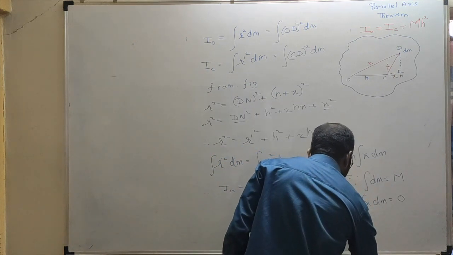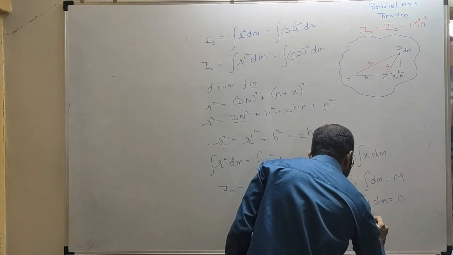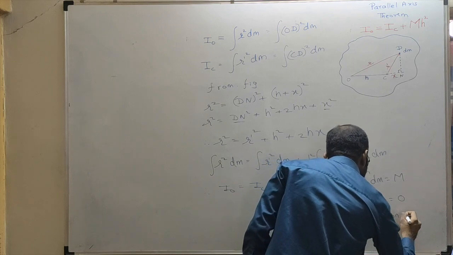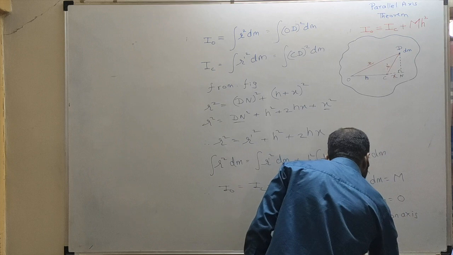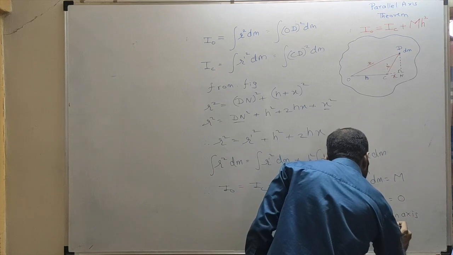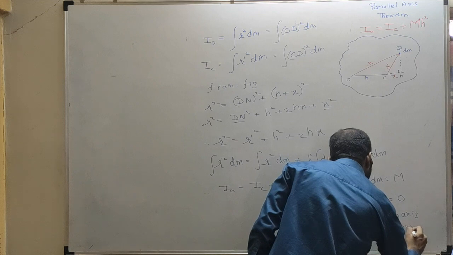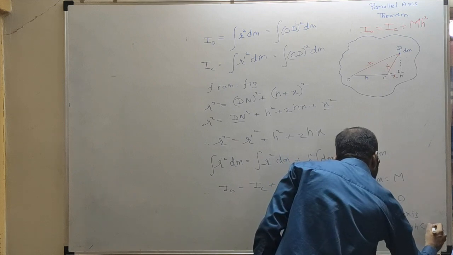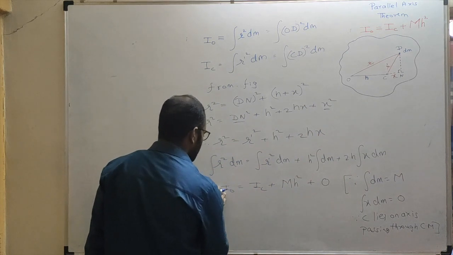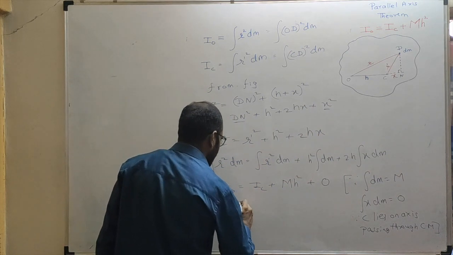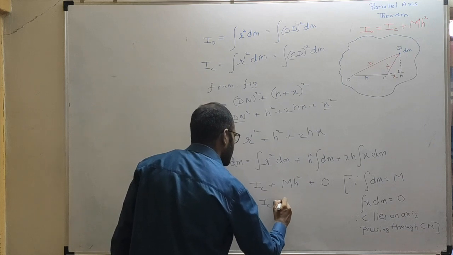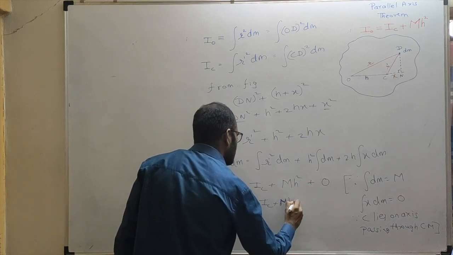Over here you can write down, because since C lies on the axis through the center of mass. This is nothing but our parallel axis theorem. IO is equal to IC plus Mh square.